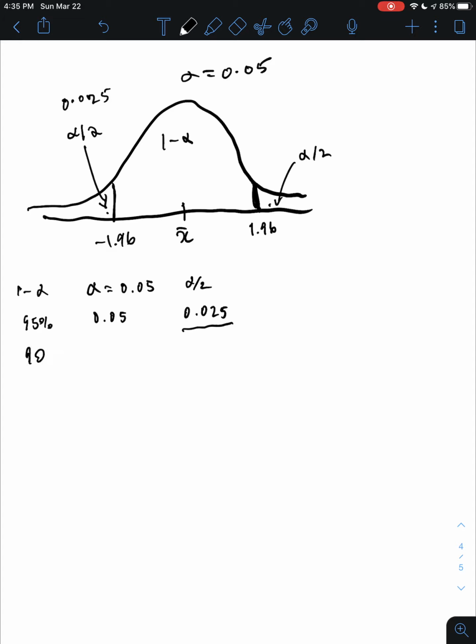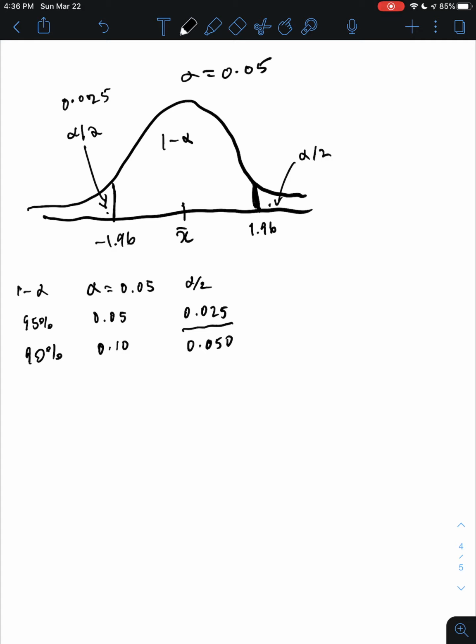So now we're going to look at what happens if this changes to 90%. If this changes to 90%, then this is 10%. This is 0.05, or 5%. And I'm going to look for that number in my table, for 0.05. It's actually somewhere between two values on the table, but you can do your reverse lookup.